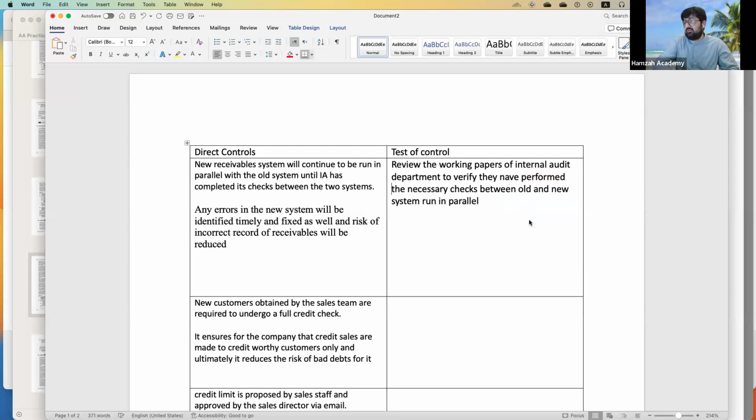Yes. So we are doing their work. Enough. So we have verified this control. Now, next point.